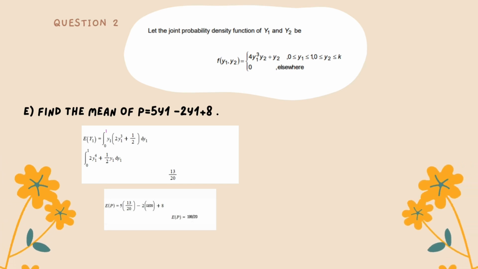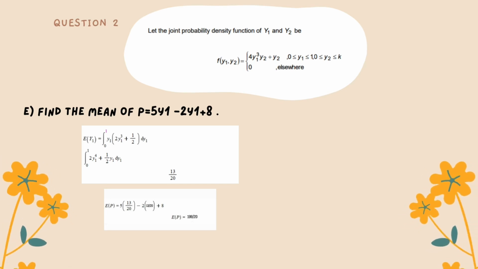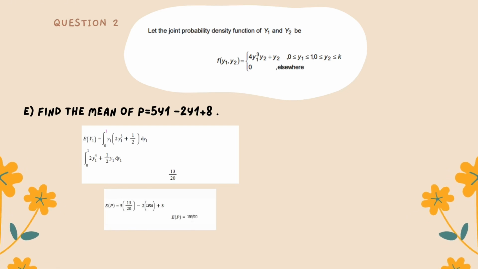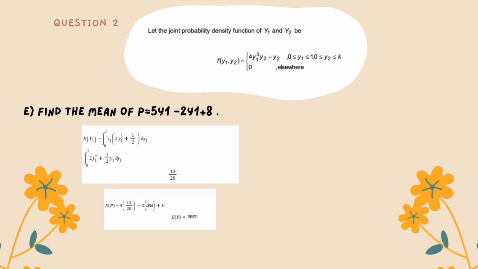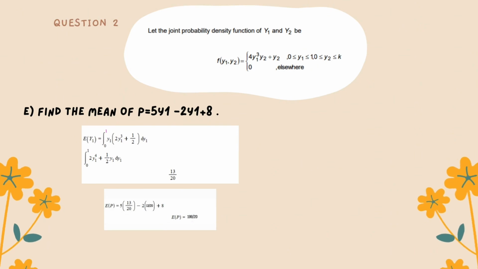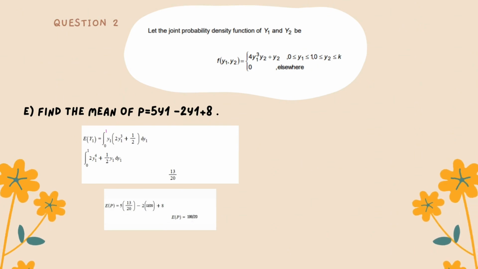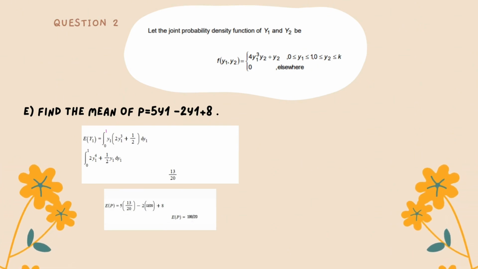Solving this integral gives E(y1) equal to 13 over 20. Finally, we substitute the values into the equation for E(P), and we get 199 over 20. That's it. Thank you.